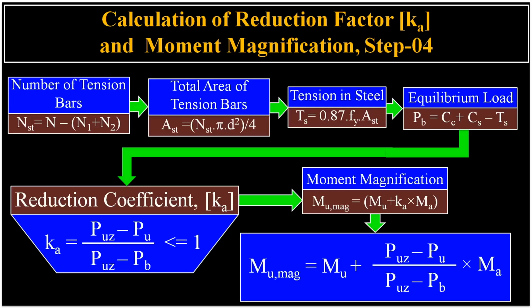Now we are seeing the reassembled final formula for the magnified moment. And the formula is, mu mag equals mu plus Puz minus Pu, whole divided by Puz minus Pb, multiplied by Ma. In the case of biaxial moment, we have to repeat this entire process for both axes.